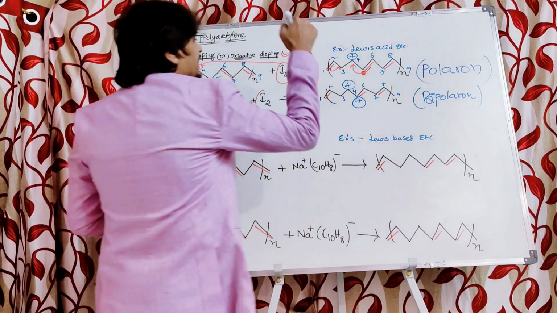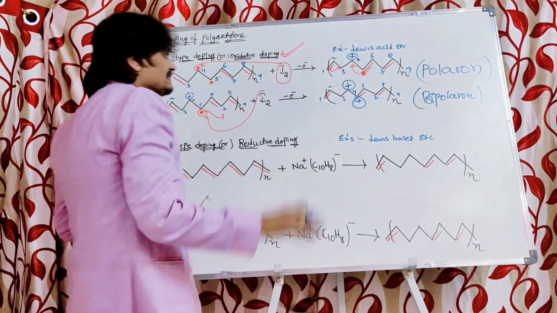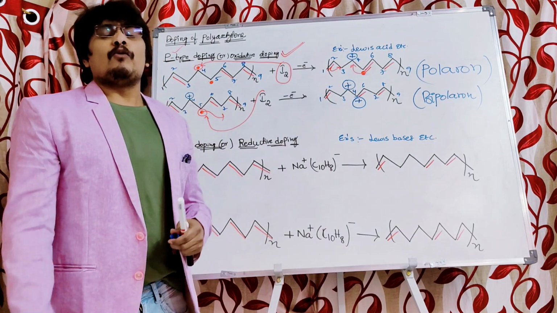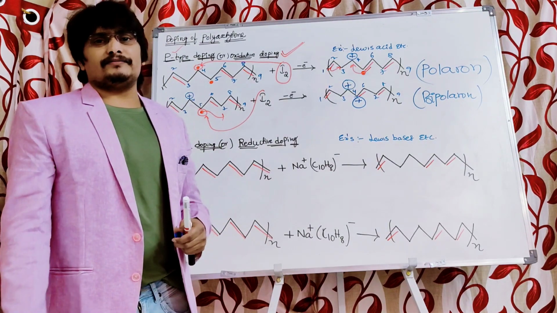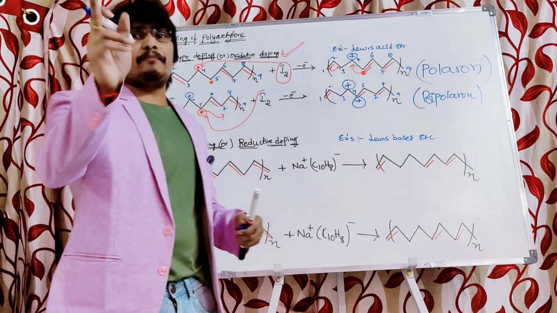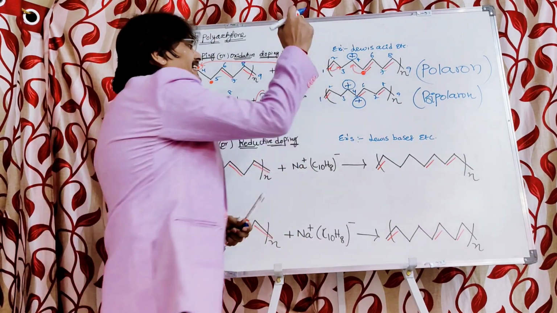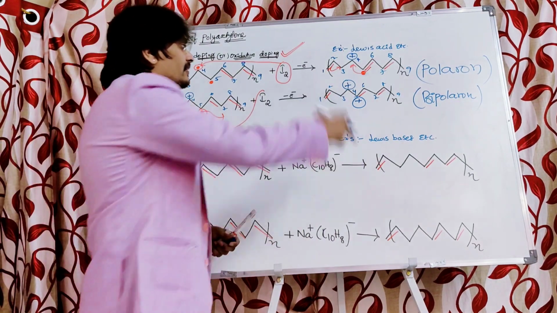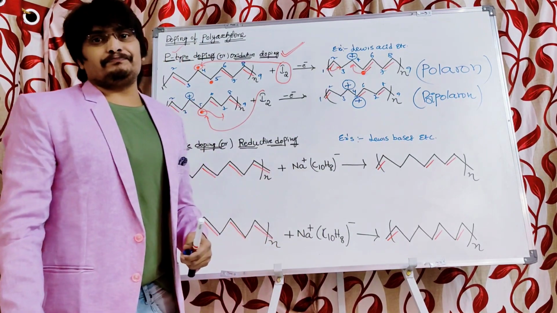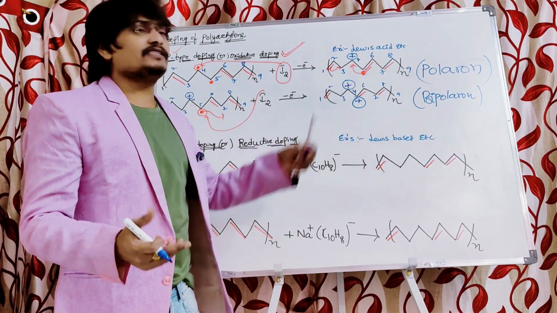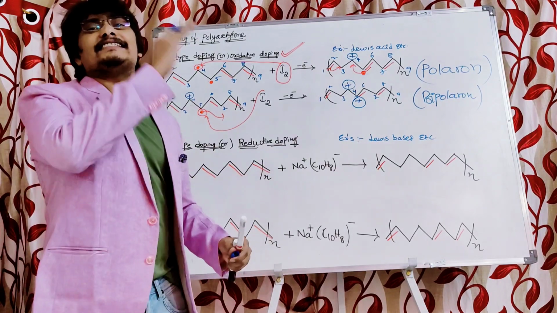Now this particular bipolaron is a highly unstable molecule. Why is it highly unstable? Because carbon, as I have already said, cannot bear the positive charge, but here two positive charges are there adjacent to each other. So just imagine the stability of this bipolaron.